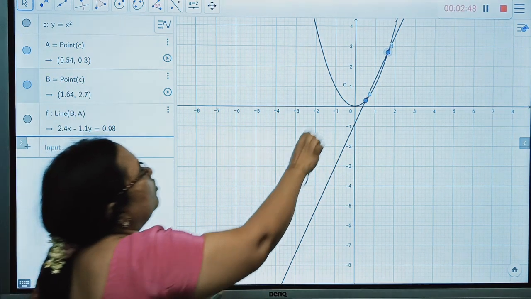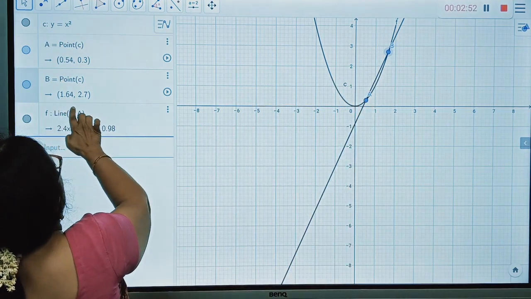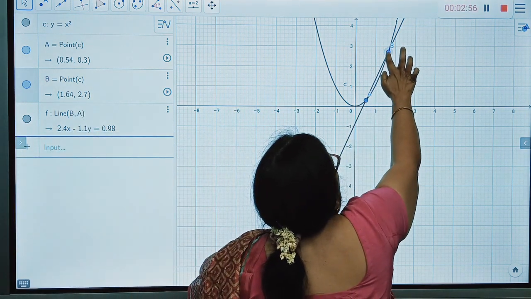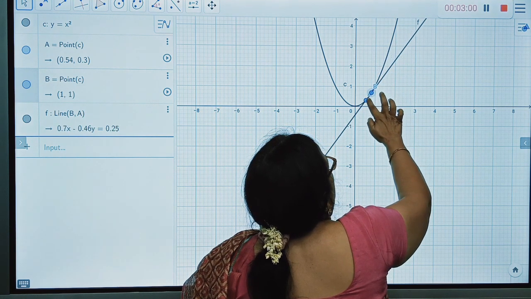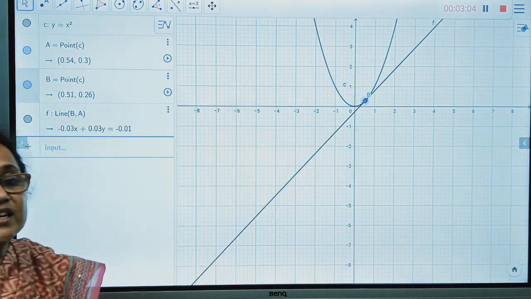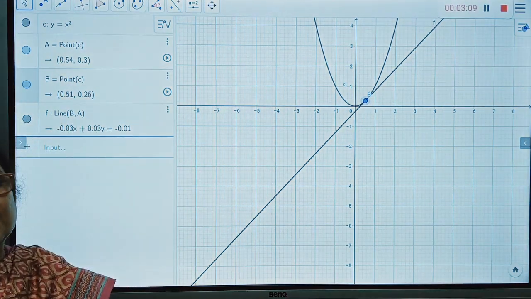The coordinates of B are also given, 1.64 comma 2.7. Now, I am moving B towards A. What happens as B tends to A? When B is almost A, the secant becomes a tangent.